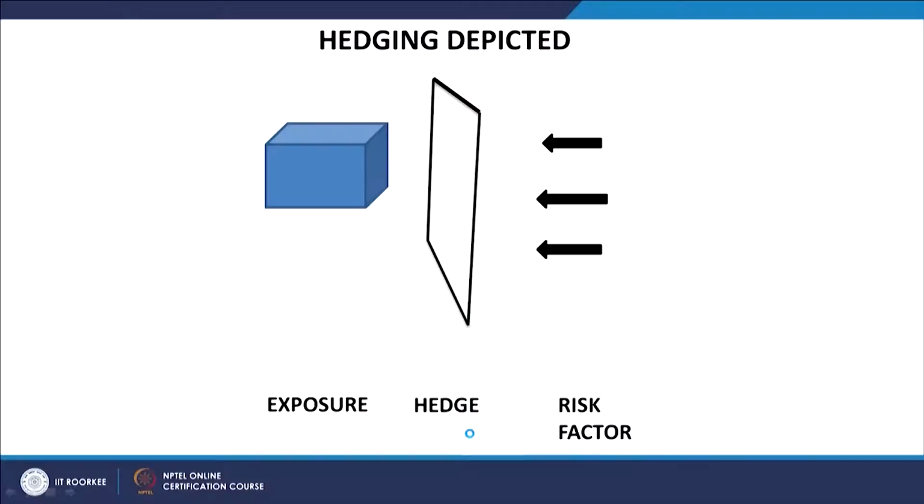Okay, now coming back to the concept of hedging, we have a risk factor which we modeled by x or delta s in the earlier slide. We have a risk factor and we have an account. This account may be an asset, this account may be a liability, this account may be operating incomes, but the bottom line is that this risk factor or the variation in the values of this risk factor are going to manifest themselves as variation in the values of the account, which is going to influence our financial position.